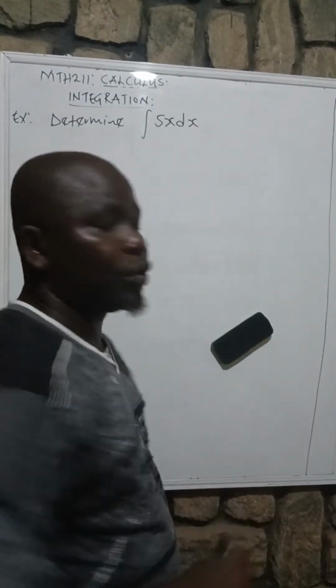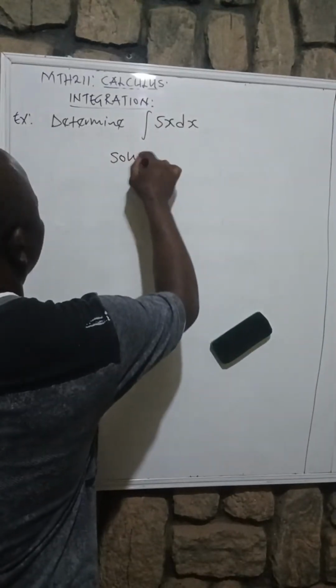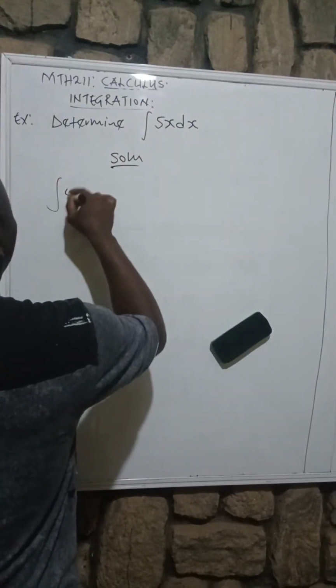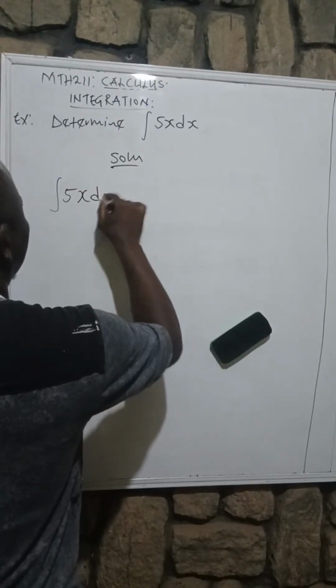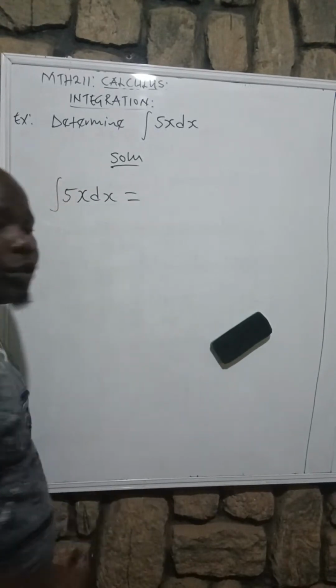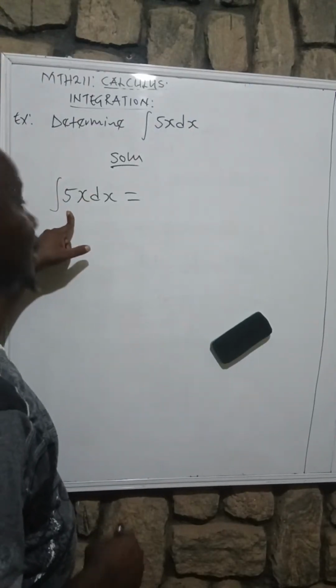So what we need to do, let's first write the solution. Solution: integral 5x dx. This is equals to, mind you, there is an invisible 1, and this integral we can still rewrite in this form.